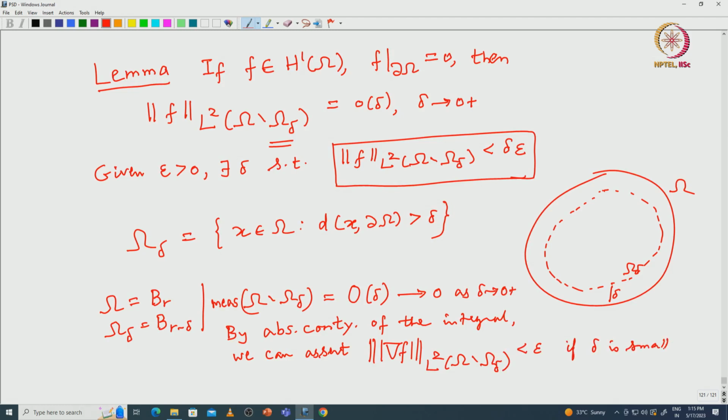So, this measure will be small. But here, with this additional condition that trace is 0, we are getting little o.